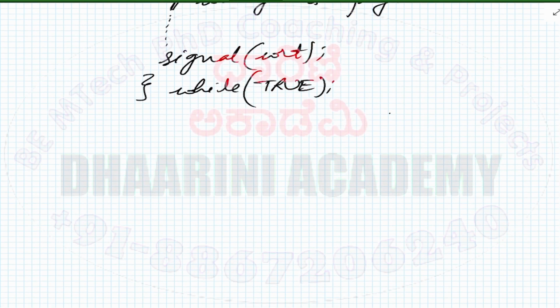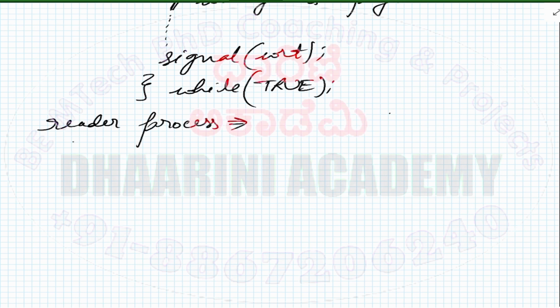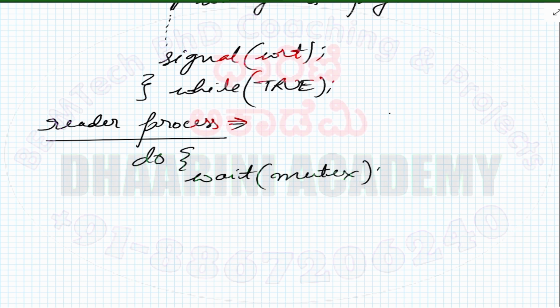Very similarly, we can go with the reader process. Let's give an example of a reader process. It's also a do while. We'll start with the wait on mutex, since it's mutual exclusion. Now I have to keep a count of how many processes are reading simultaneously.